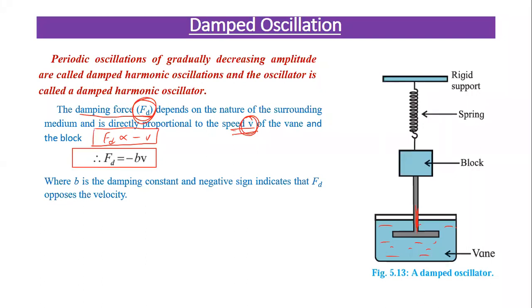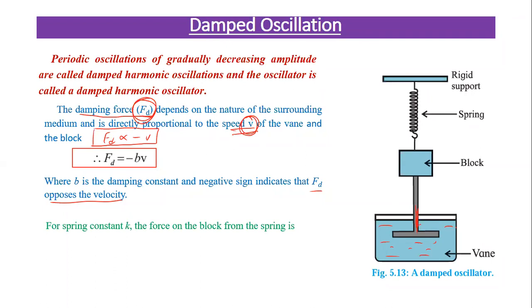The negative sign indicates that this damping force Fd opposes the velocity, or they are oppositely directed. Listen, as damping force increases, velocity decreases. The damping force opposes the velocity, and because of that the negative sign is coming. Also, the spring constant is k.